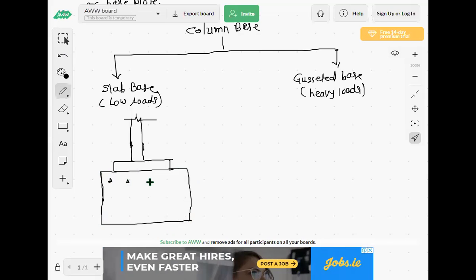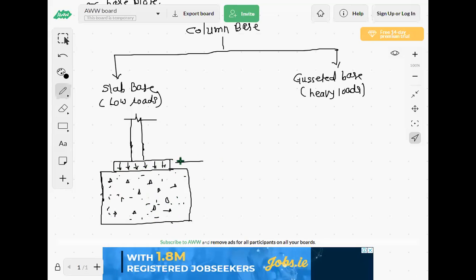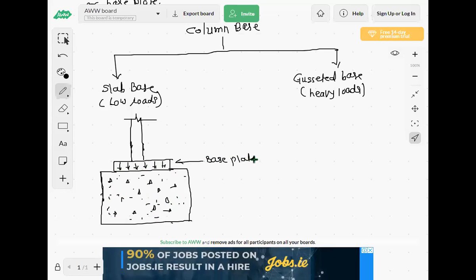So this is the concrete pedestal. On this concrete pedestal, this is your base plate.